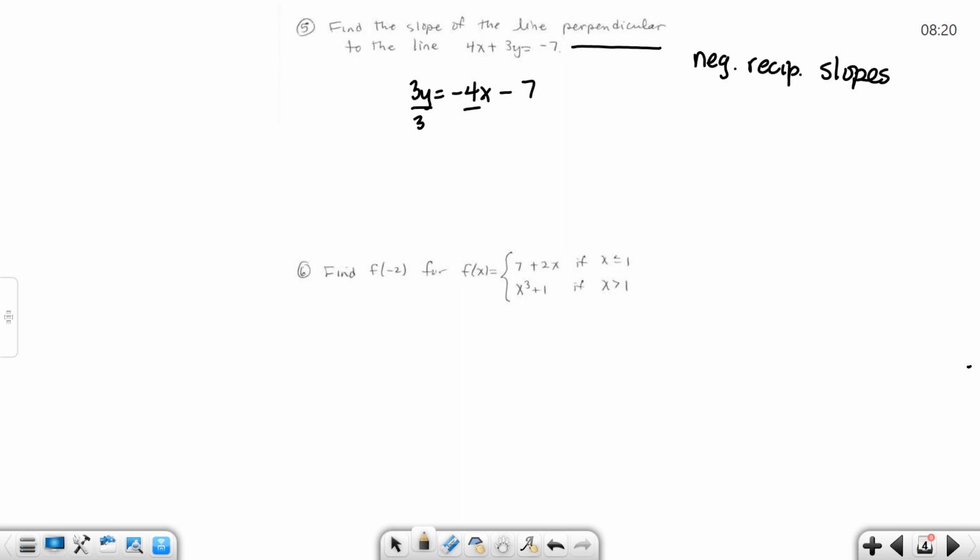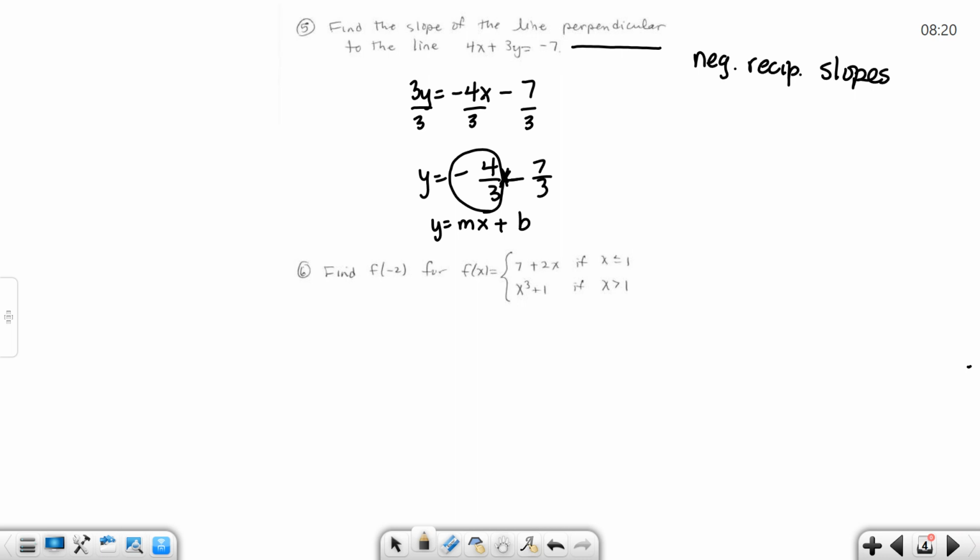Now divide everything by 3 to get y completely by itself. So we get y equals negative 4/3 x minus 7/3. Now that the equation looks like y equals mx plus b, the number sitting in front of x is the slope for the line we're given.